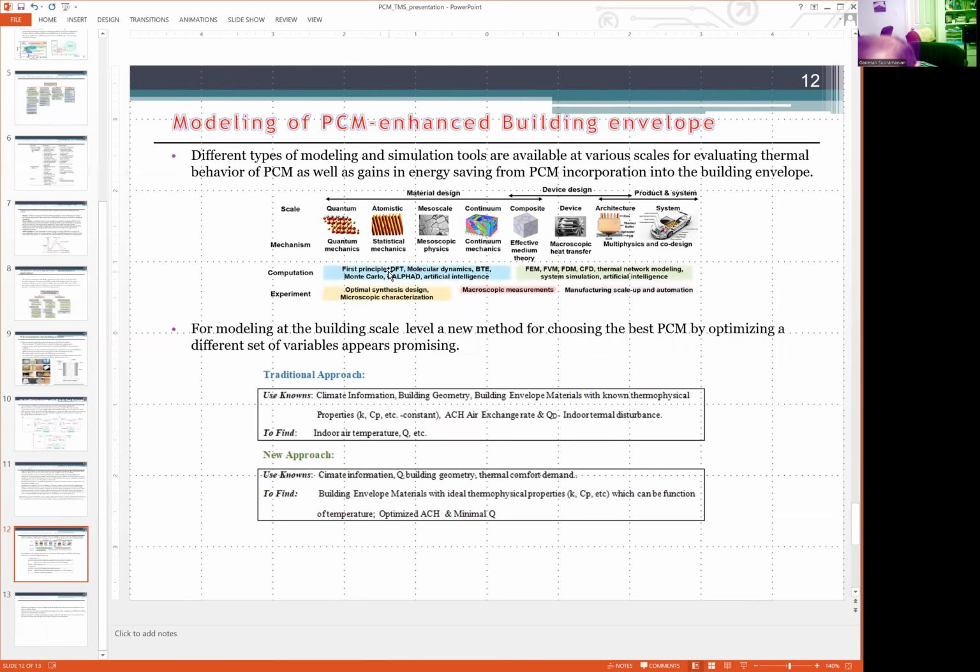Now, given that we have the physical properties of the PCM, and we are more or less certain about the kind of application in the building, in terms of using wall boards or basic infrastructure of the building envelope, there are several tools available for modeling the PCM-enhanced building envelope, even before we apply it physically into the building.